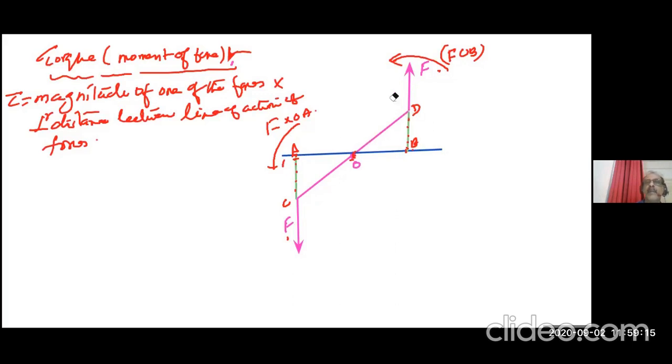Is this over? Yes, sir. Just a second. Next, the problem. Numerical. Already we did this numerical in cross product. Still one numerical, sir. Can you go back, sir, please?